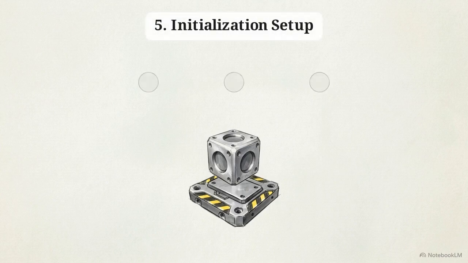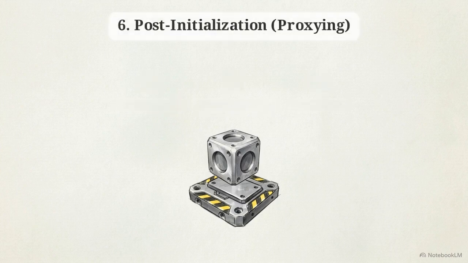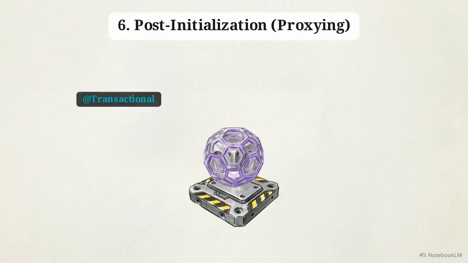This leads to Step 5, the initialization setup sequence. Methods annotated with @PostConstruct fire first, followed by the afterPropertiesSet logic, and finally any custom init methods. Step 6 is the post-initialization phase. This is the exact technical location where Spring spins a proxy wrapper around your raw object.